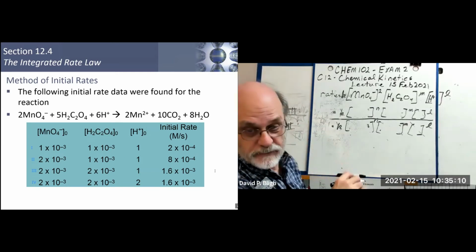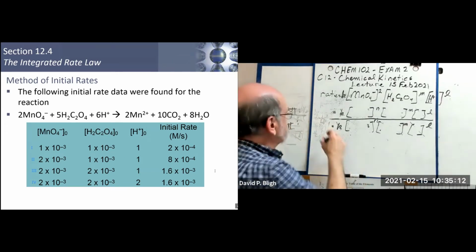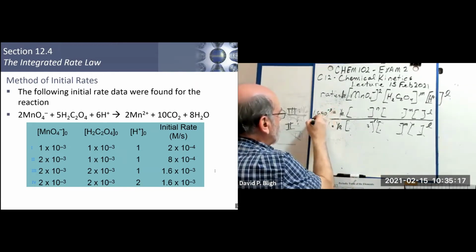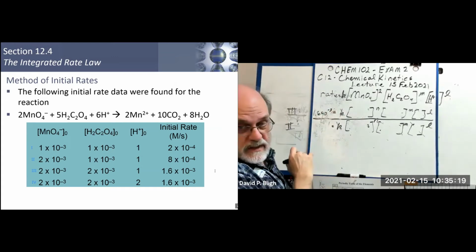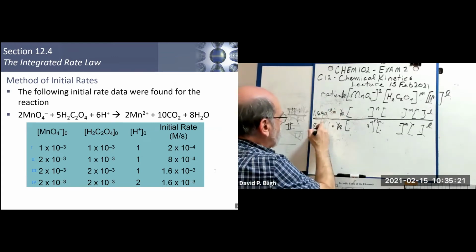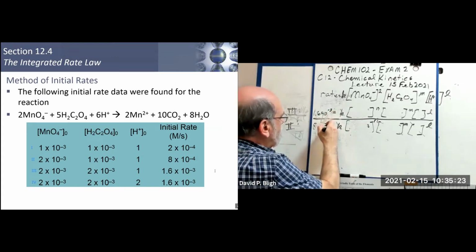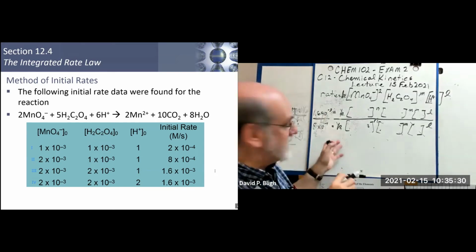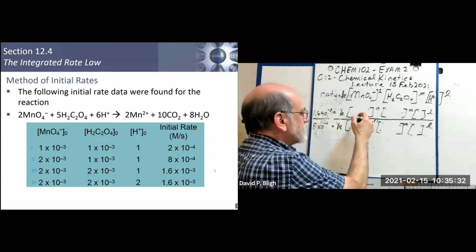And now the rate for 3 is 1.6 times 10 to the minus 3. And the rate for 2 is 8 times 10 to the minus 4. Okay? There we go. K's are the same. These are constant, right?